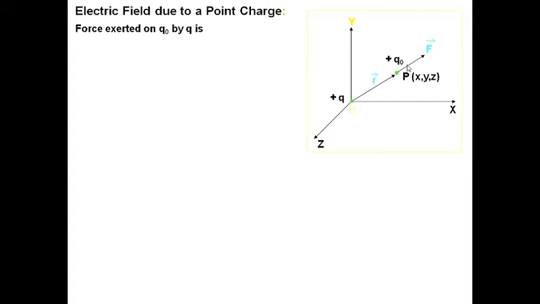Then if we calculate the force experienced by Q naught due to Q, F is equal to 1 by 4 pi epsilon naught Q Q naught divided by R square, R unit vector gives the direction of force.